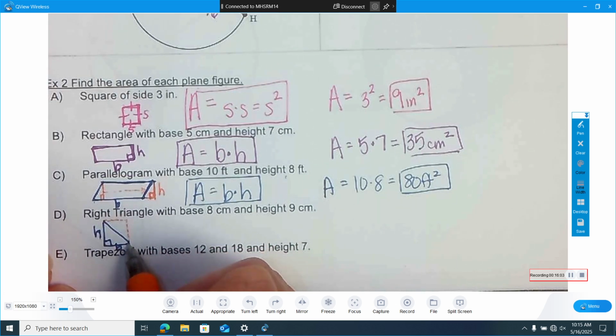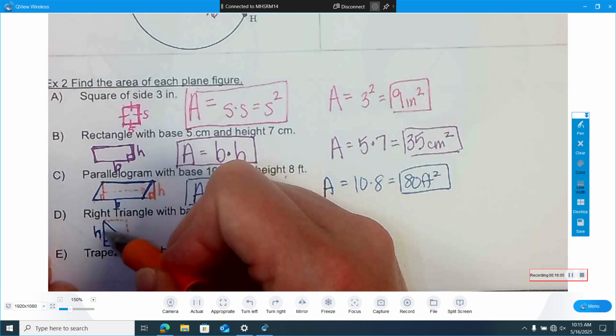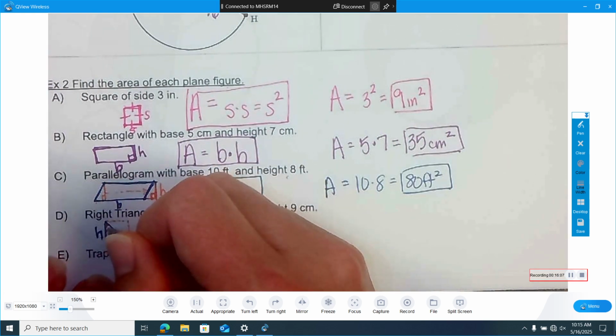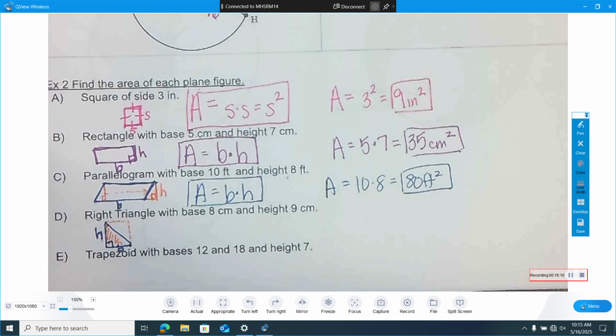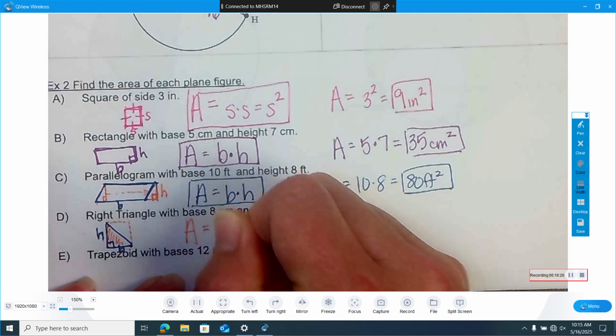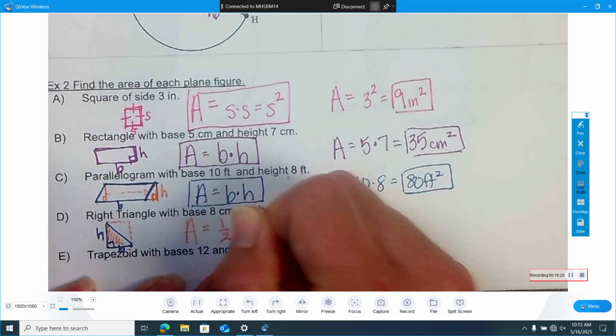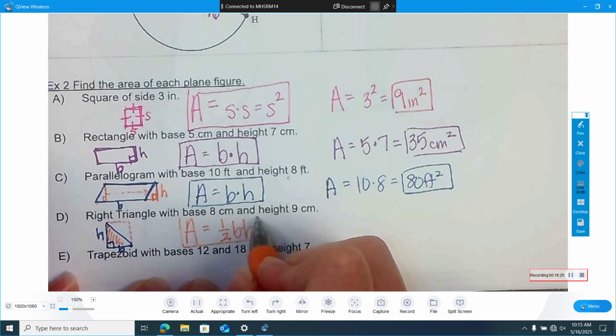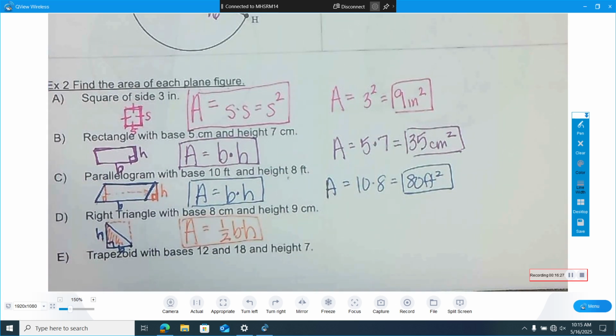It's like a square or a rectangle. But tell me about just the triangle right here. Is it the whole thing? It's only half of that rectangle. And so that's where that formula comes from. The area of a triangle is just half base times height. 1/2 base times height, or base times height over 2.